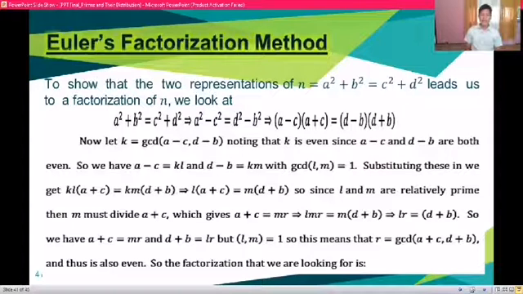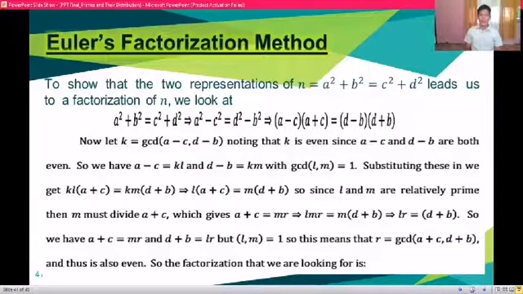Then m must divide a plus c, which gives a plus c is equal to mr. This implies lmr is equal to m times d plus b, which implies lr is equal to d plus b.